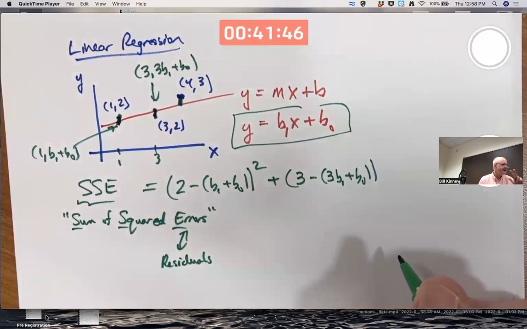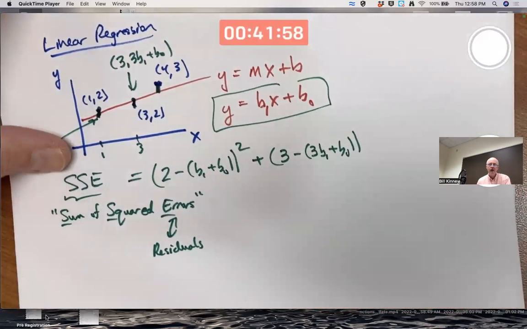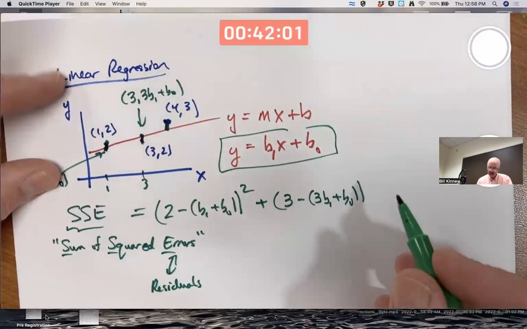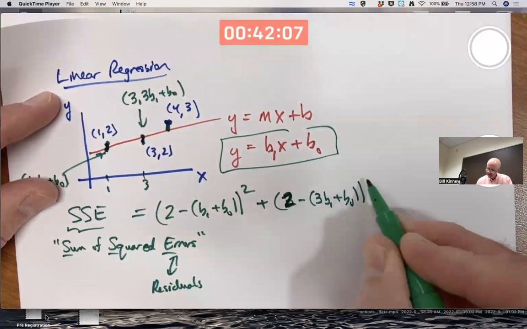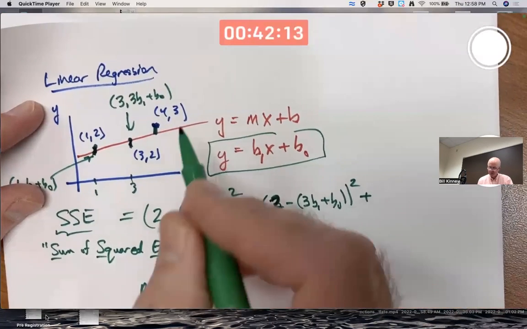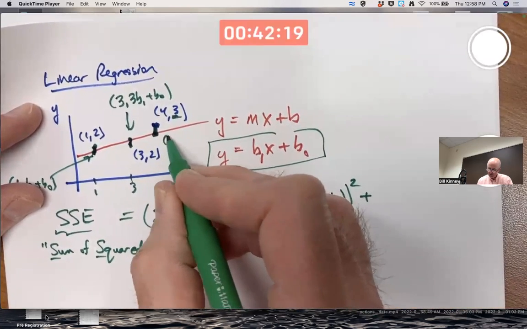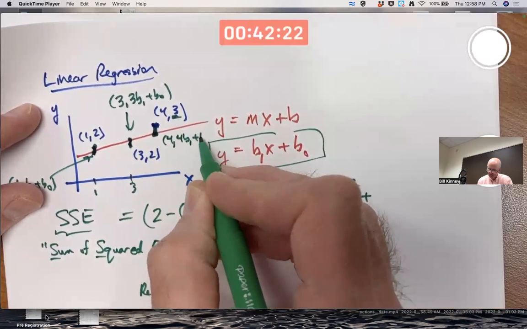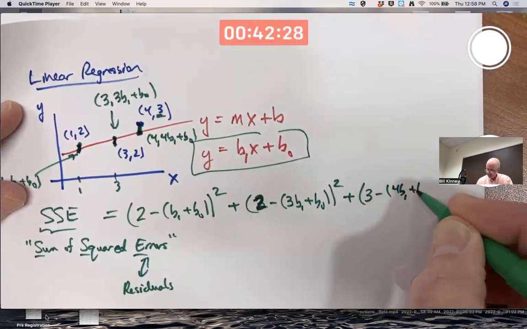As an error, it's negative. That's okay, to keep track of the sign of the error. These are signed distances. This one would be negative. Question? Thank you. 2. Yep. That gets squared. And the last one, the second coordinate of the point is 3. For the red point on the red line, the coordinates are 4, comma, 4b1 plus b0. So now do 3 minus (4b1 plus b0).